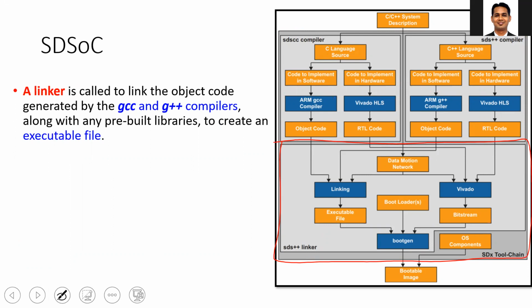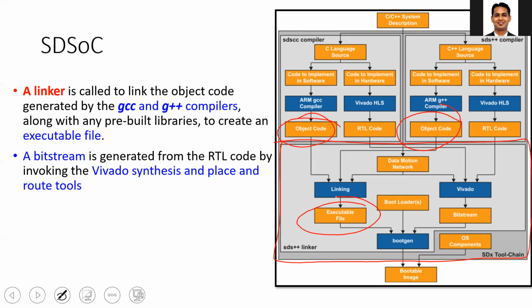A linker is called to link the object code generated by the SDSCC compiler or SDS++ compiler, that is the GCC and G++ compilers, with the inbuilt libraries which we use while writing the C or C++ code to create the executable file, which is the ELF file.